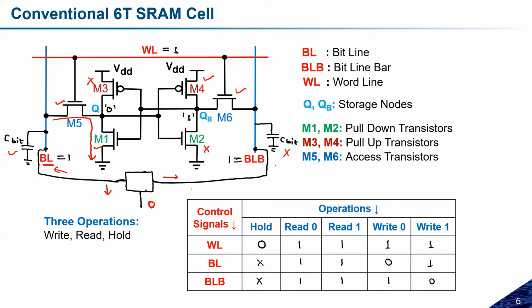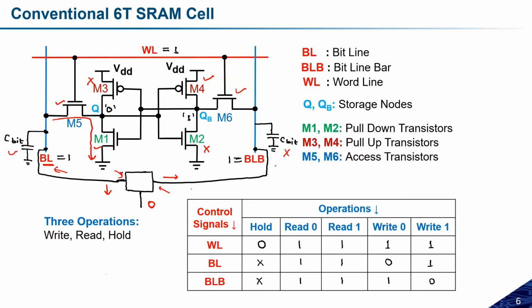We have studied comparators, like the op-amp based comparator: if this input is high, the output will be 1, and if the other is high, the output will be 0. So this is the simple comparator we can design. Similarly here, we have two terminals, and if this voltage is high and this voltage is decreasing, it will sense that the output is 0, and accordingly we decide that the data stored at Q is 0.